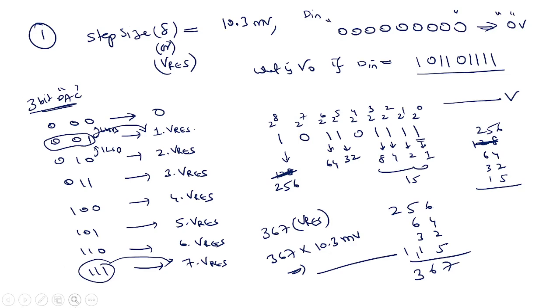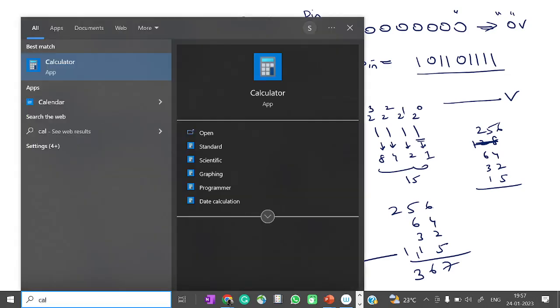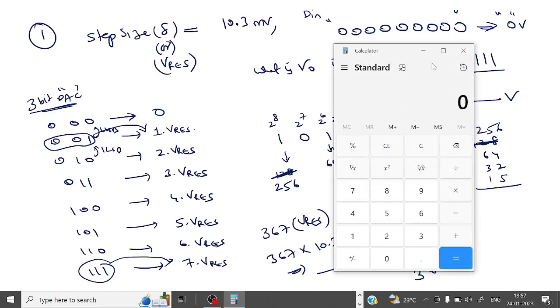I'll open my calculator. 367 into 10.3. 3780.1.